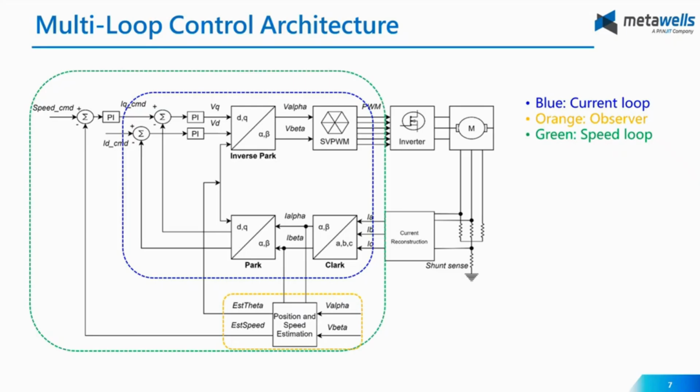It processes the measured current here, I alpha and I beta, along with voltage feedback, and V alpha and V beta, the voltage command, to calculate using a sensorless algorithm the motor position, estimated theta, and the motor speed, estimated speed. So the observer provides reliable feedback to both the current loop and the speed loop.